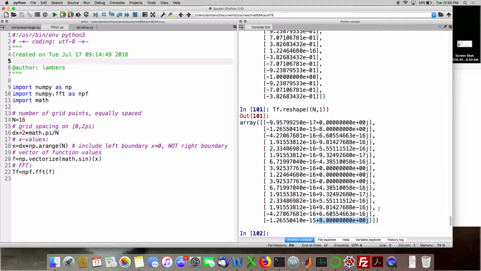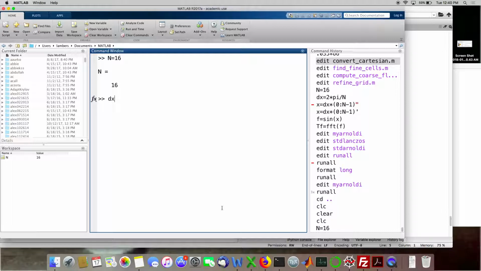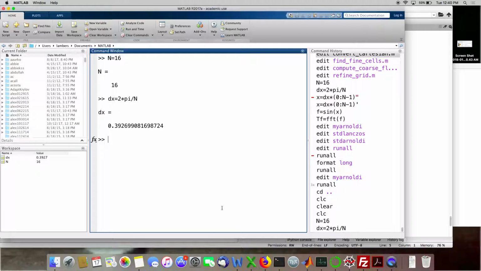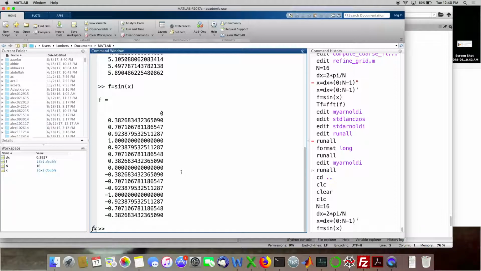So I want to compare this to the same operations performed in MATLAB. So if I do n equals 16 spacing, here are my x values, and here are my function values.